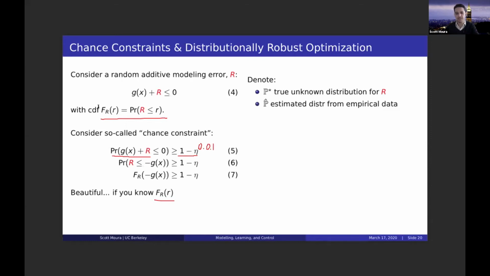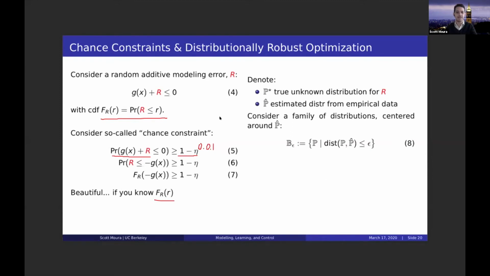This is the probability distribution, the true one, but unknown for R. And I'm going to denote by P hat an estimated distribution from empirical data. So from my experiments or simulations, I will collect data. I can see how close I am to violating constraints. And then I can build an empirical probability distribution here that's P hat. Now, Borel's law of large numbers says if I get more and more data, P hat should converge to P star.